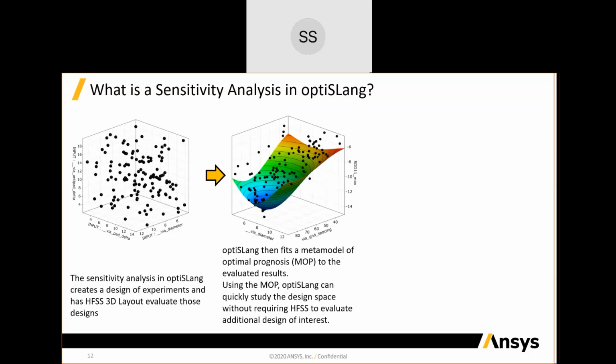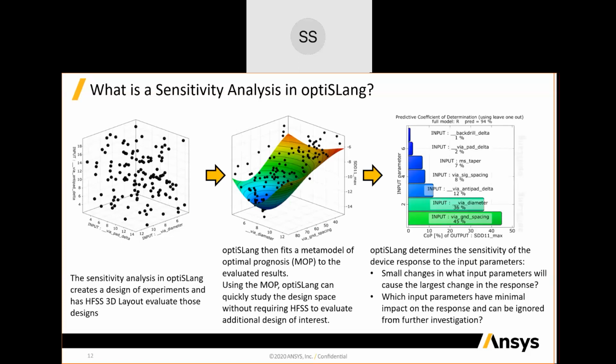You may have heard a meta model under different names. Sometimes it's called a response surface, sometimes a reduced order model, sometimes just a transfer function. But once we have this meta model, we can quickly study the design space, and then optiSLang can give us information about which of the input parameters have the largest impact on the output. So in our case, again, the maximum of the differential return loss.